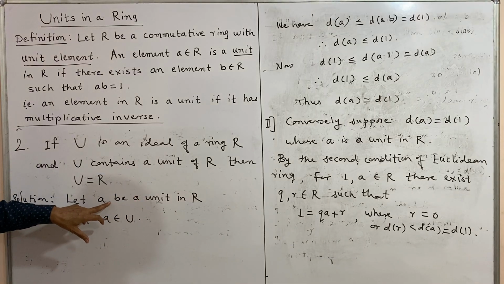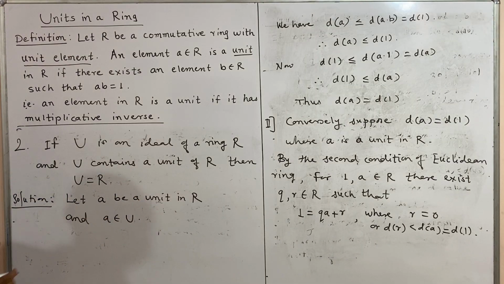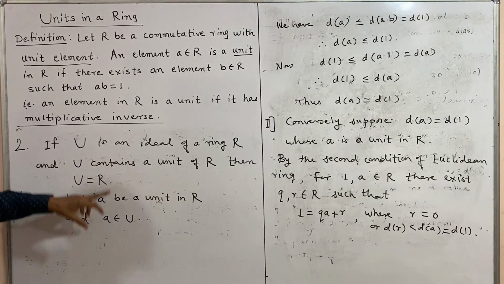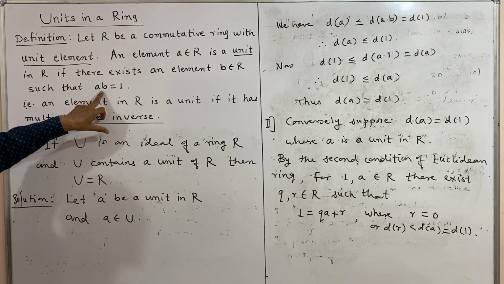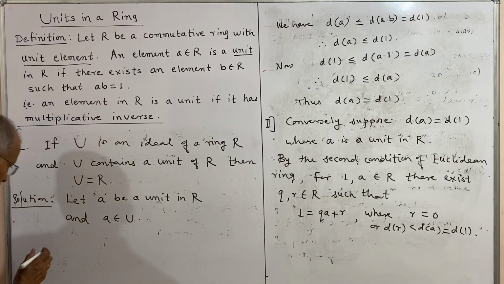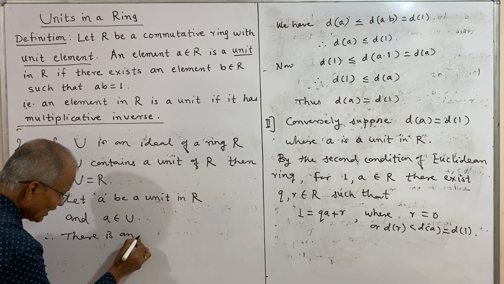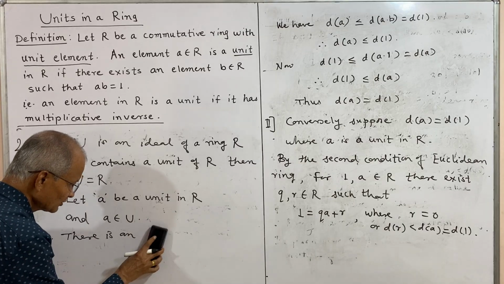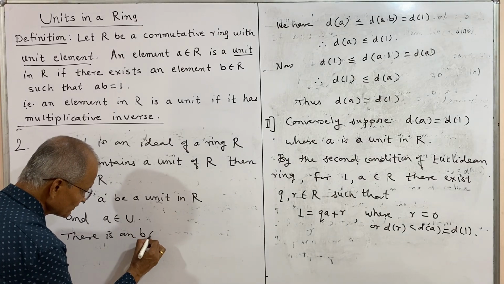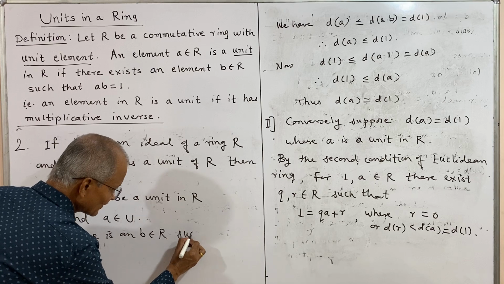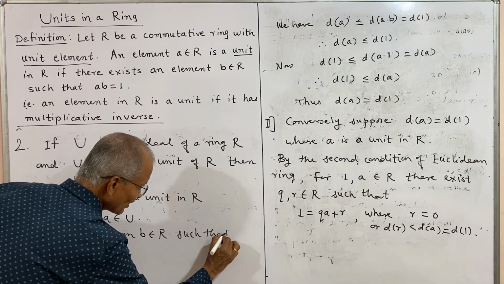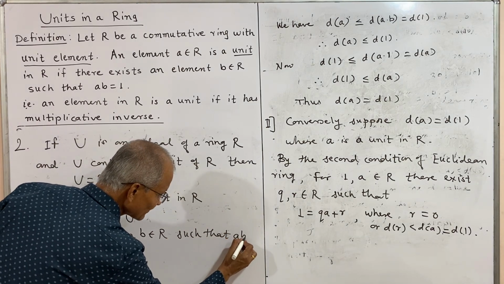We have supposed a is a unit in R, and that a belongs to U. So by the definition of unit, there exists b belongs to R such that ab is equal to 1.